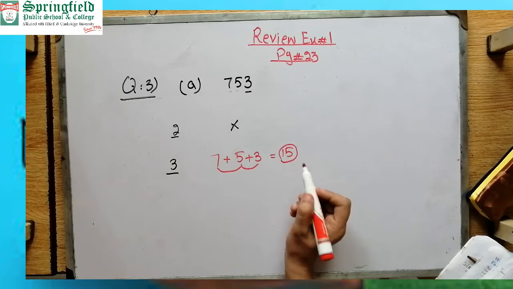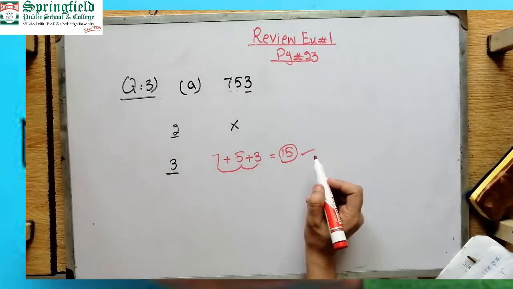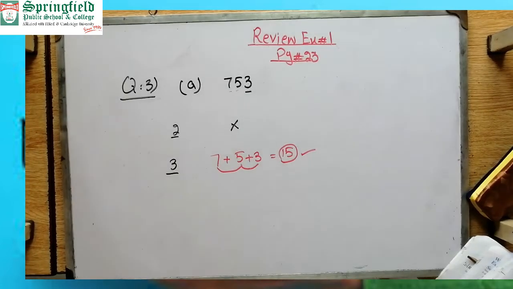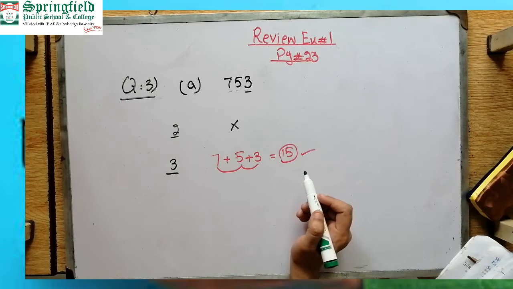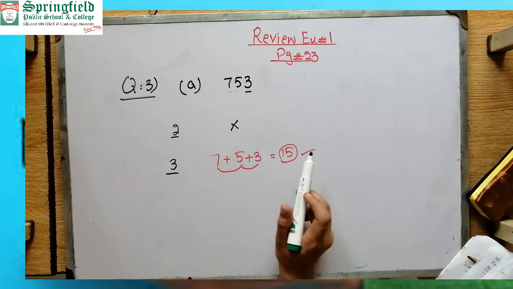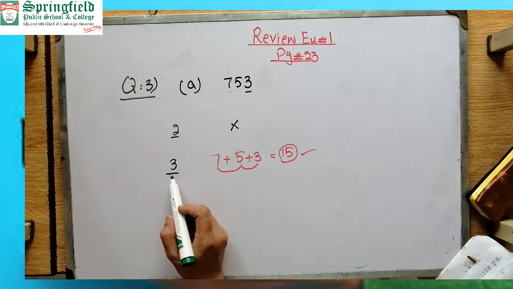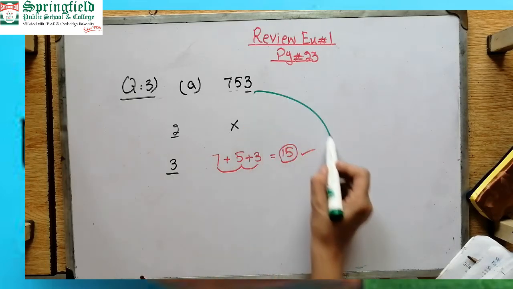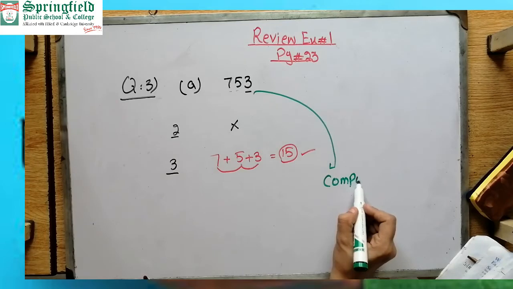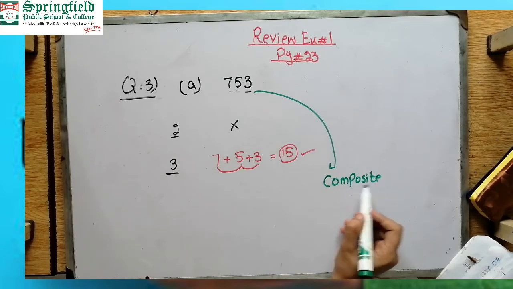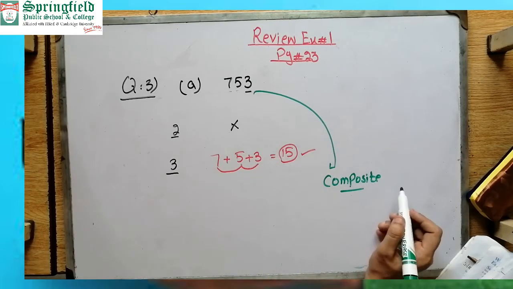Yes, 3 fives are 15. It means 753 can be divided by the table of 3. So if a number can be divided by the table of 3, or satisfies the divisibility test of 3, it means that number is a composite number. It means 753 is a composite number.